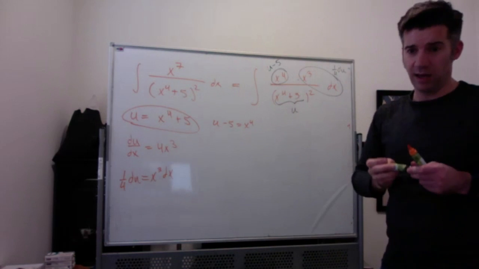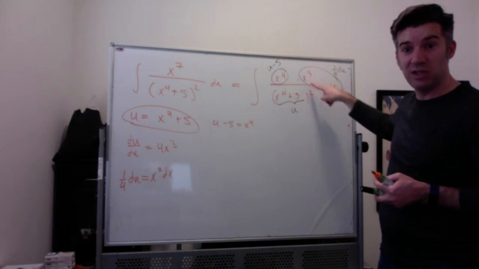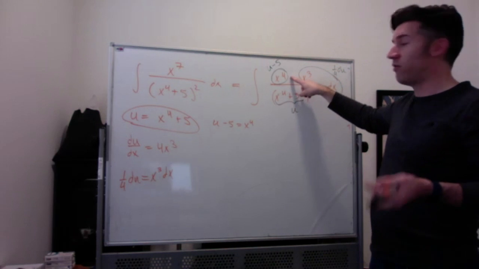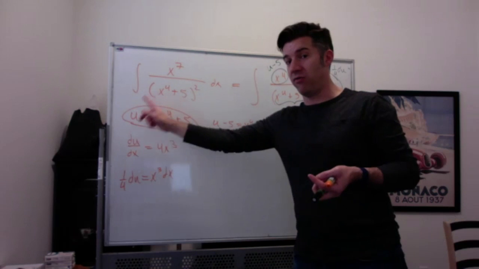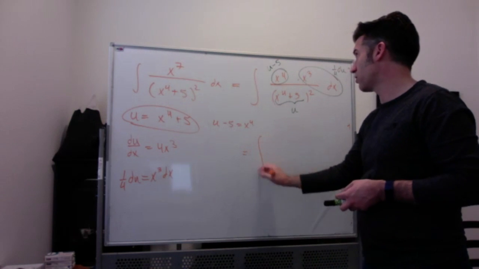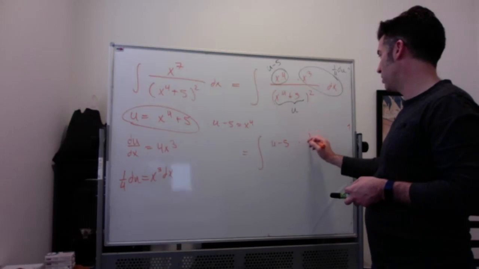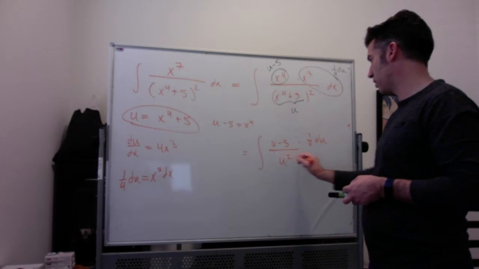So that's kind of the idea. Often problems like this are set up so that after you deal with the du part first, always with the du part, the leftover x's that you have to back substitute for are nicely, easily solved for over here. So this is going to equal the integral of u minus 5 times 1/4 du all over u squared.